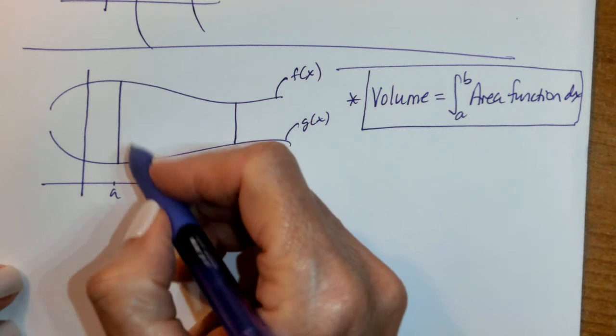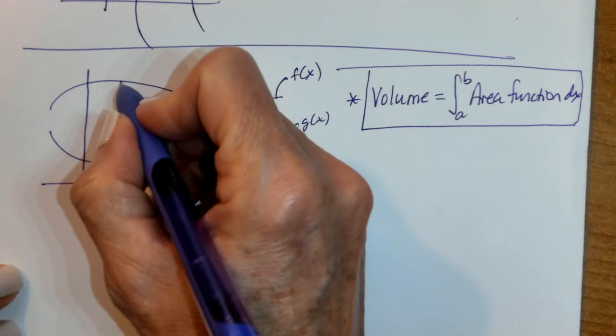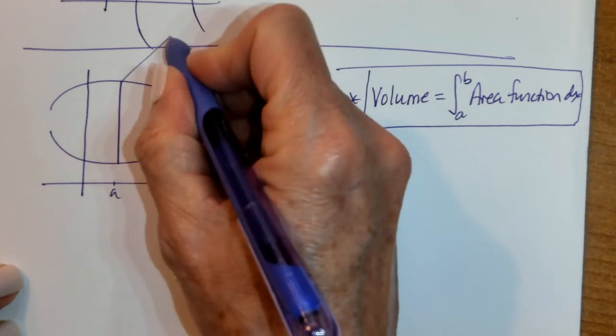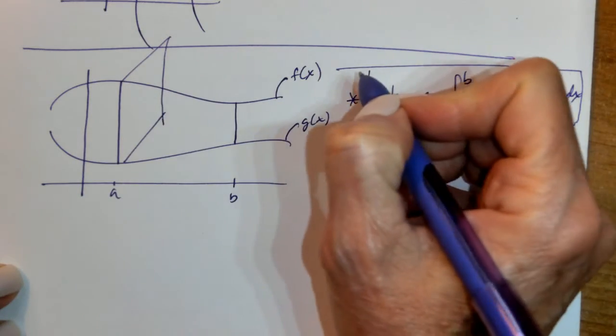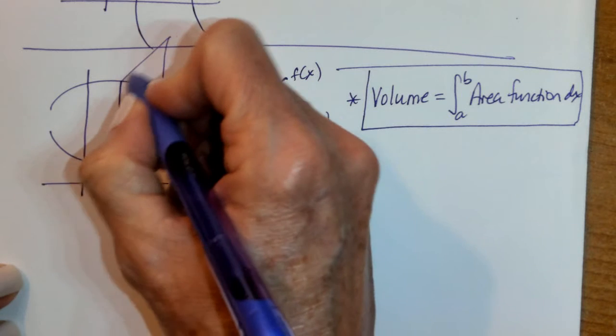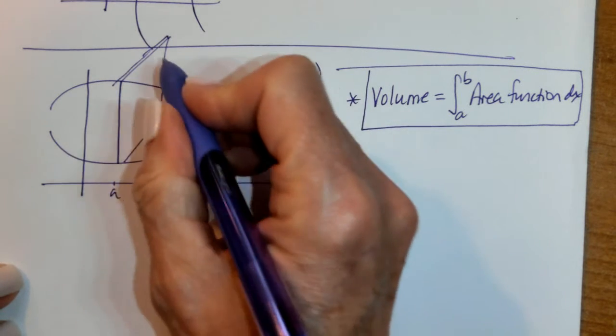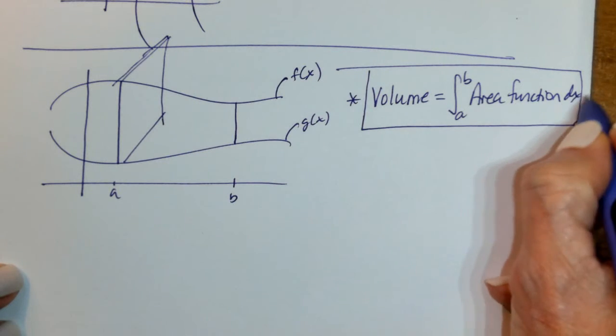Let's just say we have squares coming up out of the page. So that's your first square coming up out of the page. We're going to give it a little thickness so that it has a little volume, and the thickness will be your dx.